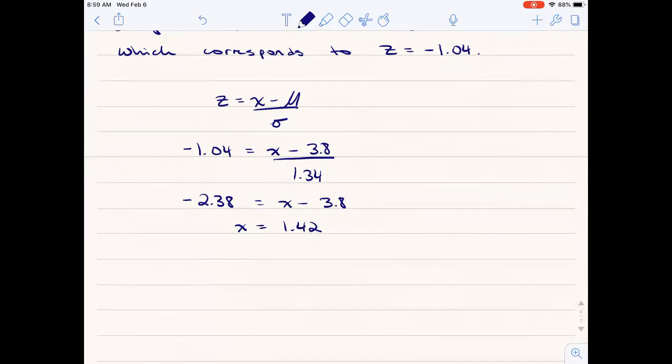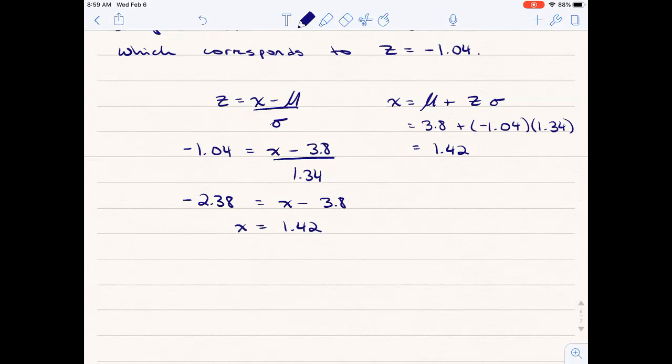On your formula sheet, you have x is mu plus z sigma. So if you wanted to go to that one instead, that's fine. What you'll find is that mu is 3.8 plus z, which was negative 1.04 times 1.34 is 1.42.